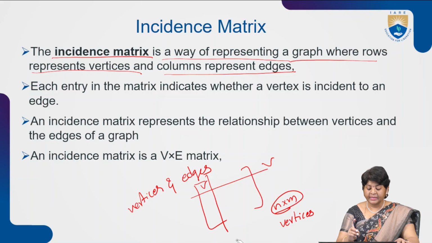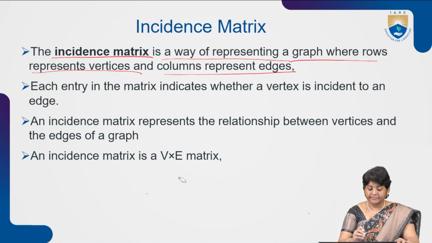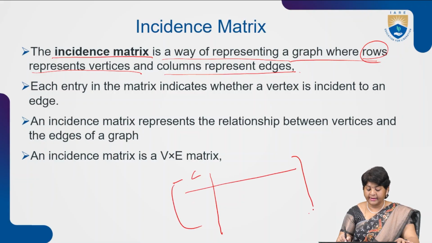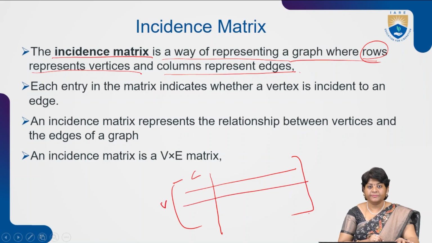But here in the incidence matrix, rows represent vertices and columns represent edges. This column represents edges and the row represents vertices.